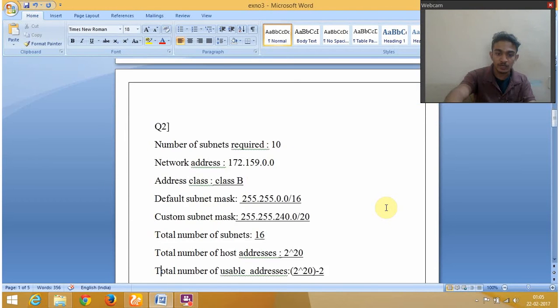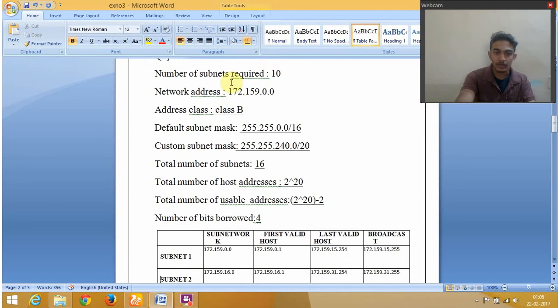In the second question, the required number of subnets is 10, and the given address is 172.159.0.0, and the address class is B, and the default subnet mask is 255.255.0.0, that's /16, and then the custom subnet mask after borrowing 4 bits is 255.255.240.0, and the total number of subnets is 16. 2 raised to 4 is 16, and then the total number of host addresses is 2 raised to 20, and the total number of usable addresses is 2 raised to 20 minus 2.